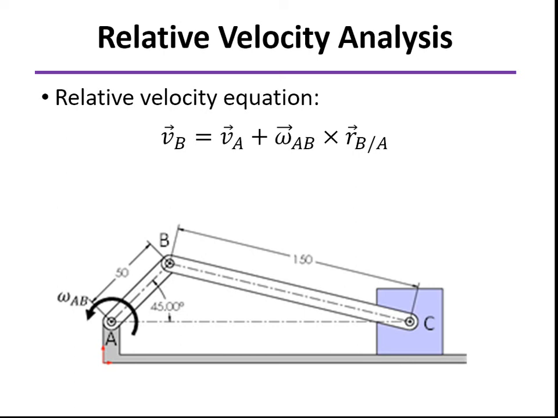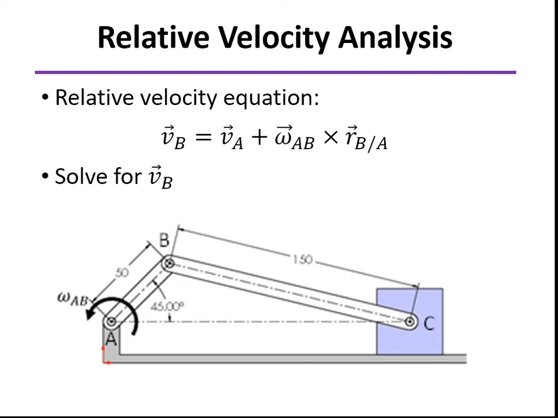And so in this case, the velocity of B is equal to the velocity of A, plus omega, the angular velocity vector, cross product with the position vector of B relative to A. That second part of the equation is just the velocity due to rotation of point B about point A. Then we add the translation term, which of course is just the velocity of A. Well, in this case, the velocity of A is going to be 0. It's a fixed point. Omega AB is known, and so all we have to do is take that cross product, and we can solve directly for the velocity of B.